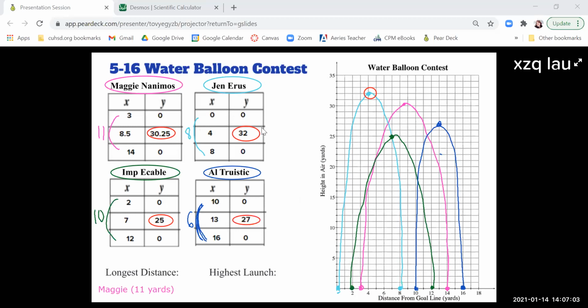So here's 32, the winner. There's a bunch of stars for 32. All right, so that means Jen is the winner of the highest launch. And 32 yards is like 90 something feet. That's very, very high.